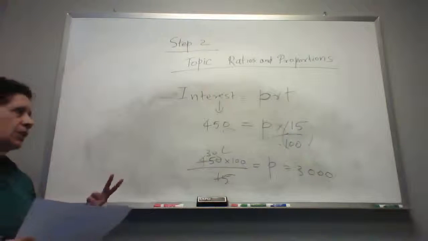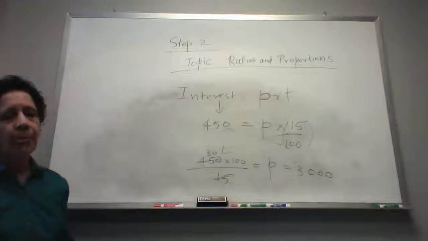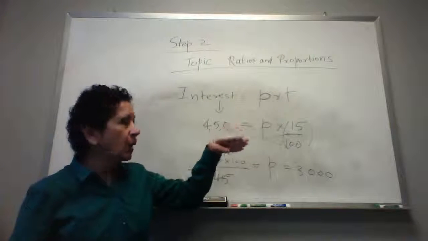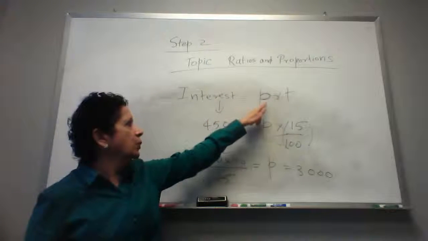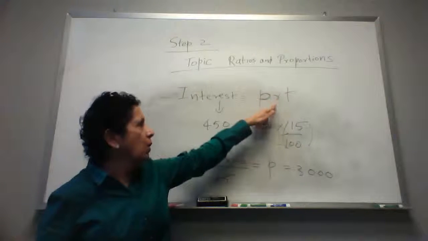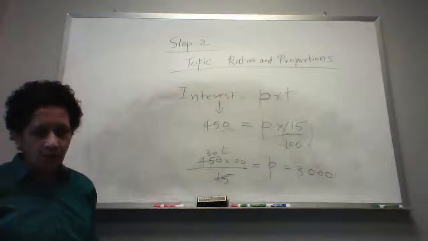So once you have this equation here, they can ask you to compute the interest, or they can say compute what is the total amount, or they can give you other information and then ask you what is the value of P or R or T, any of these. So once you have this equation, you will be able to solve, okay?